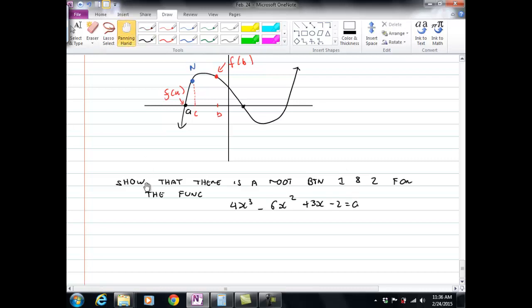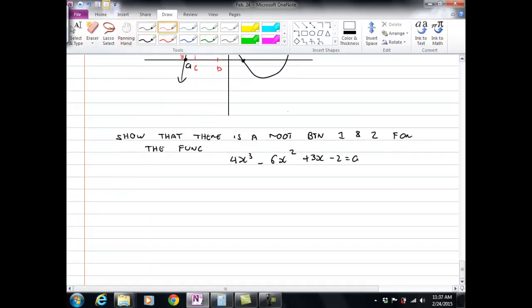When it says show there's a root, it means show that it passes through 0. That's what a root really is, passing through the x-intercept. I'll explain how we're going to use the intermediate value theorem. So I want you to prove there's a root between 1 and 2.